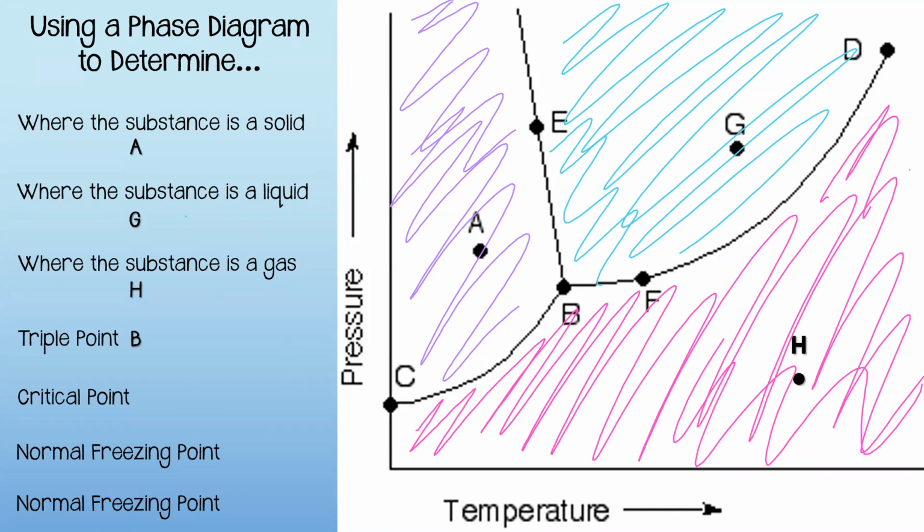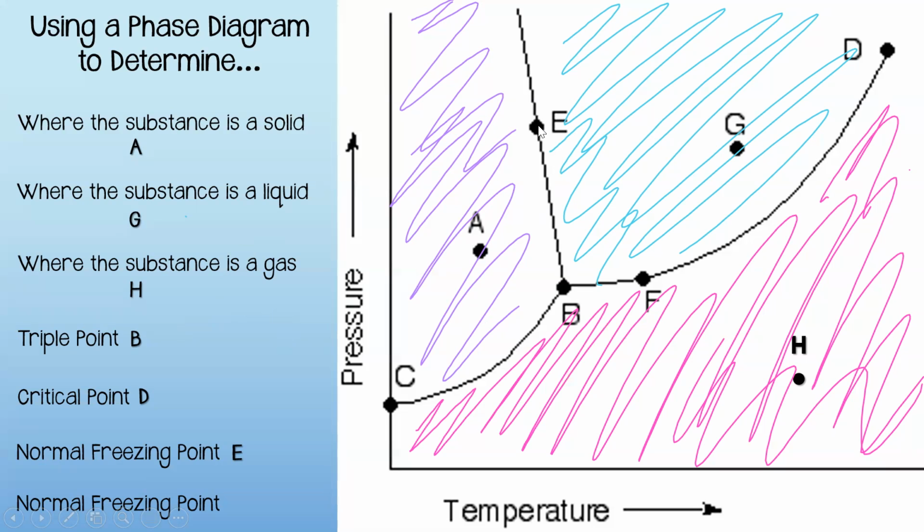The critical point is going to be D. It's the very top of the line between liquid and gas. That's the highest temperature and the highest pressure a substance can exist as a liquid. Normal freezing point, that's going to be E. Now, you would have to know what substance this is, but consider a liquid to a solid.